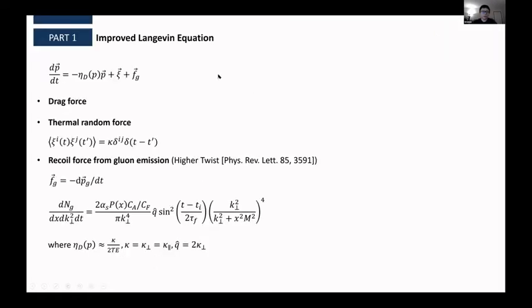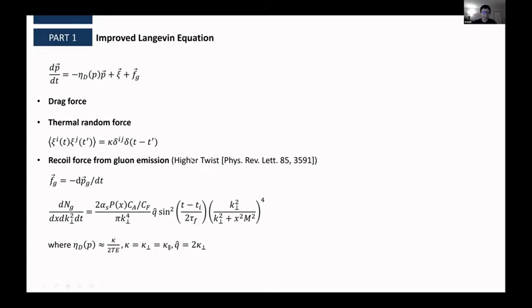So the basics of our heavy quark transport is this improved Langevin equation, which not only includes the drag force and the thermal random force, but also the recoil force from emitting gluons by the heavy quarks.